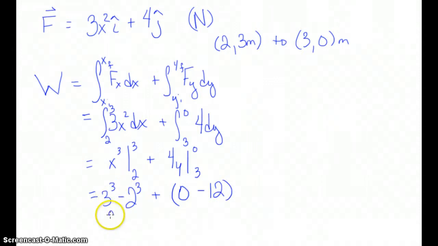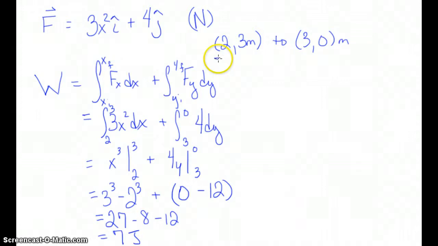So 3 cubed is 27, 2 cubed is 8, minus 12. So we get that the total work done is 7 joules. So that means that there is energy transferred into the particle that moved from this initial position to this final position. We've transferred energy into the system, so that means it has a positive change in kinetic energy.